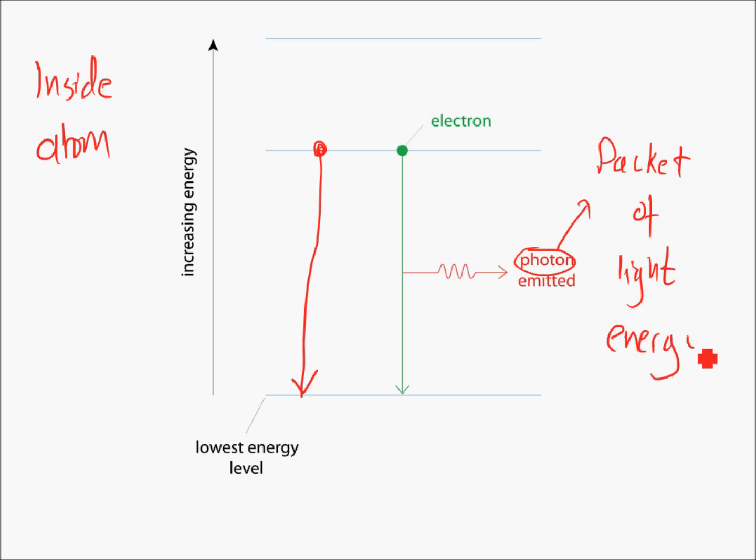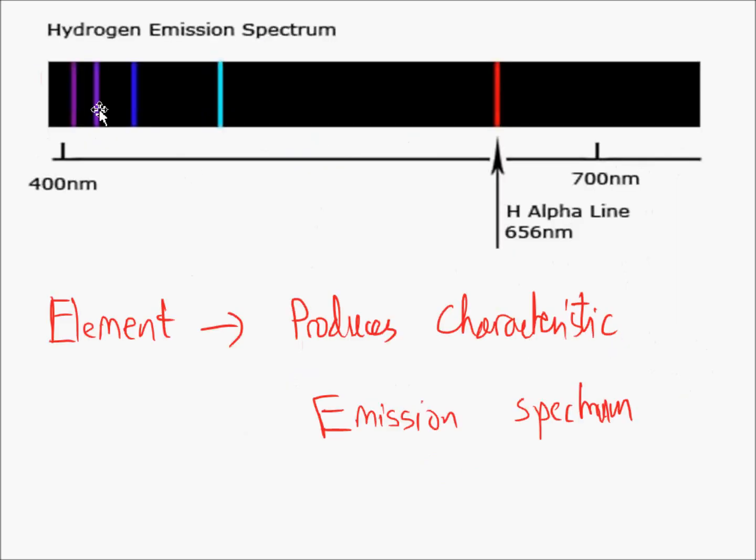And the amount of energy this photon has is specific to the energy levels, and that is specific to the element. So different elements produce different photons. Those photons have different amounts of energy, and that results in us getting a characteristic spectrum.